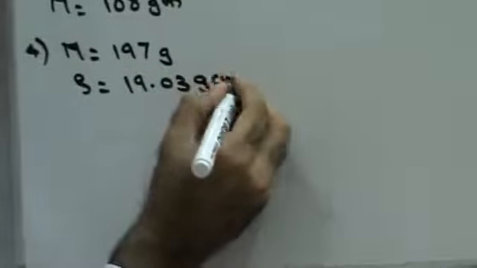Next, take the next one please. Find atomic radius of a metal whose atomic mass is 197 grams per mole, just make that correction, 197 grams, and density is 19.03 grams per centimeter cube.